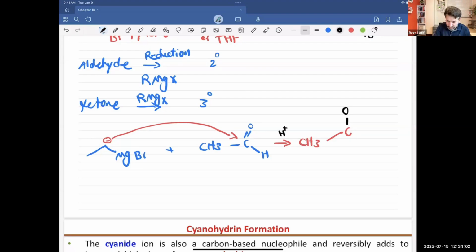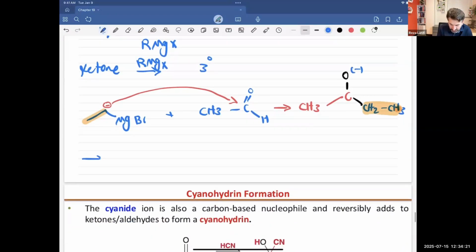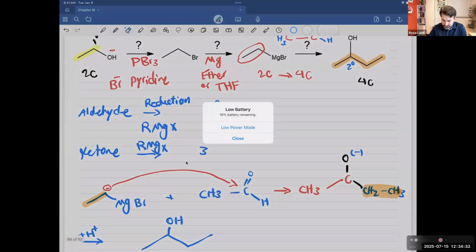This one is going to happen in the next step. So we get here CH2 CH3. Okay, that's the same backbone. Now I have oxygen with a negative charge. Next step, I will add H plus to it, and that's going to give me this molecule. And this is the way we run the chemical reaction.